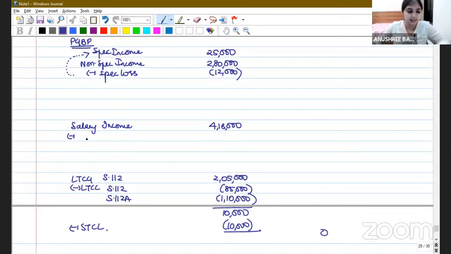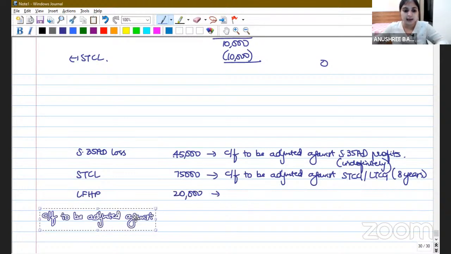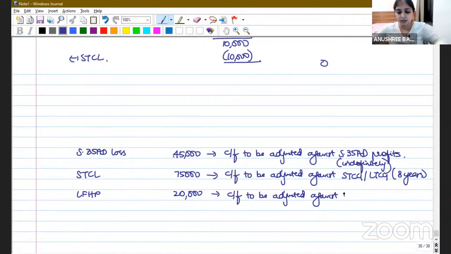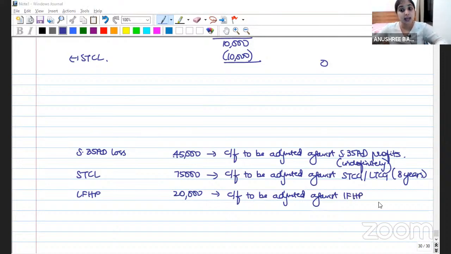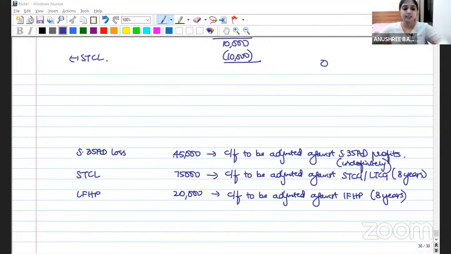I will adjust only 2 lakh, and I will still be left with another 20,000. The 20,000 loss from house property I will carry forward, to be adjusted next year only against income from house property. And we will carry it forward for 8 years. Is everybody clear with this?